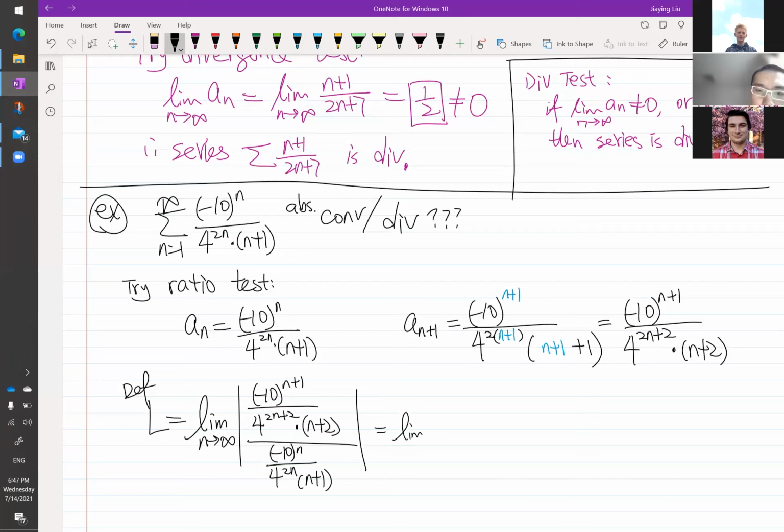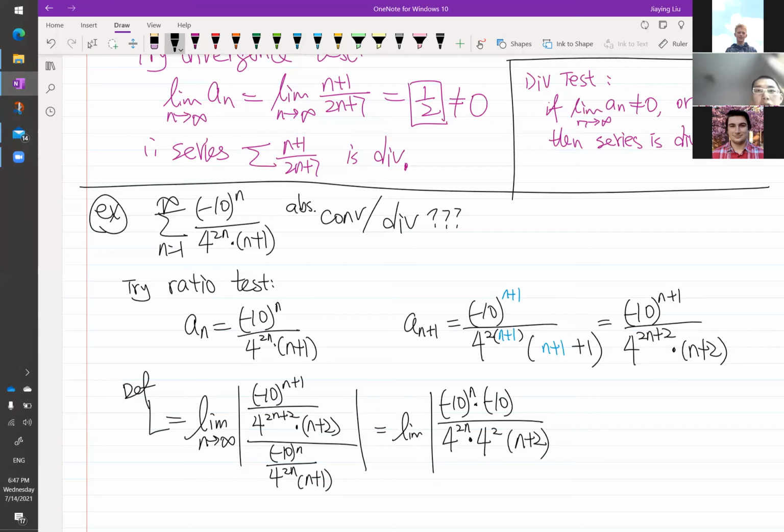So that will be the limit. And the negative 10 to the n plus 1, I'm going to write as negative 10 to the n times negative 10. I hope you're okay with that. And in the denominator, I have 4 to the 2n plus 2, which I'm going to write as 4 to the 2n times 4 squared. That breaks the exponential term into a product of two terms. And I still have n plus 2.